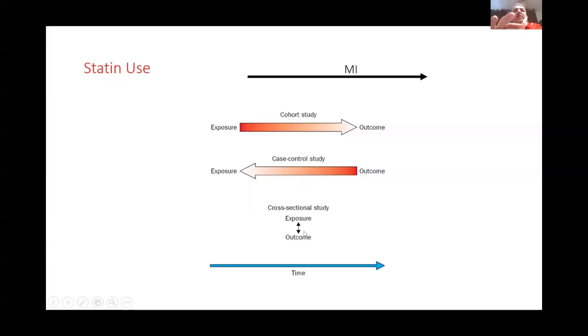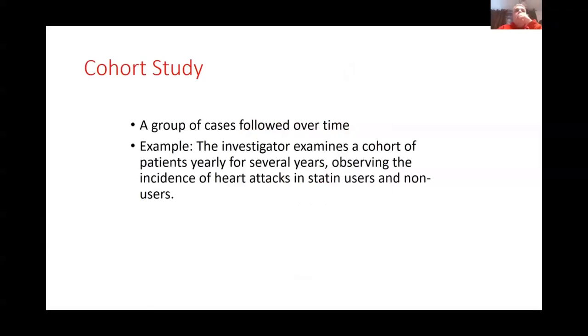In a cross-sectional study, as I said, exposure and outcome are collected at the same time. That's why we call it a cross-sectional study. A cohort study is a group of cases followed over time, from present to future or from present to past.